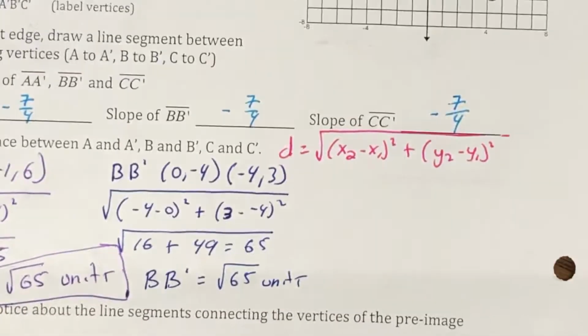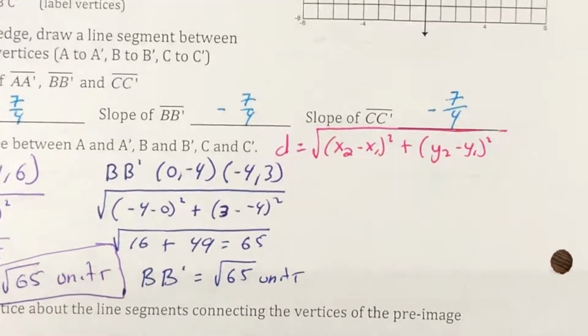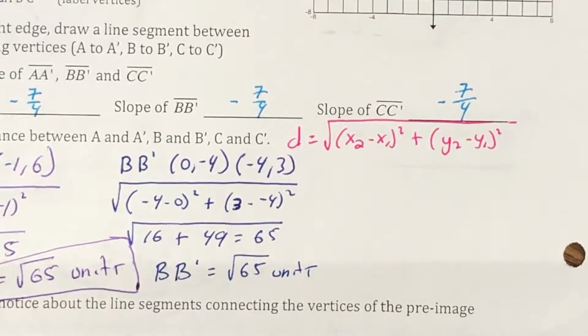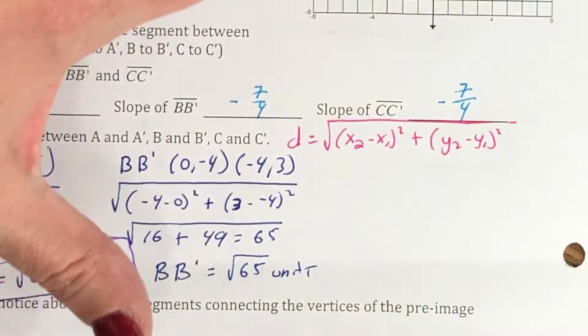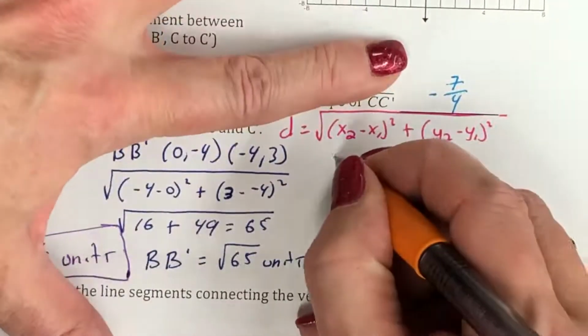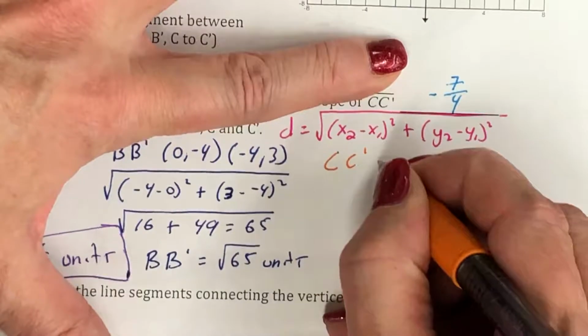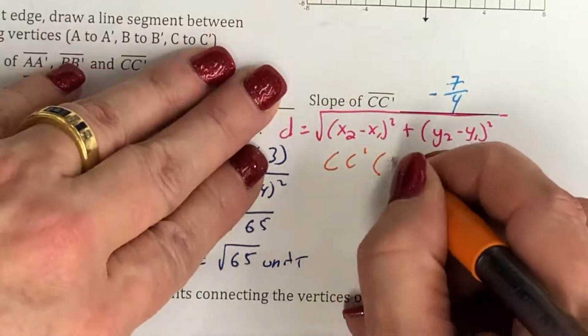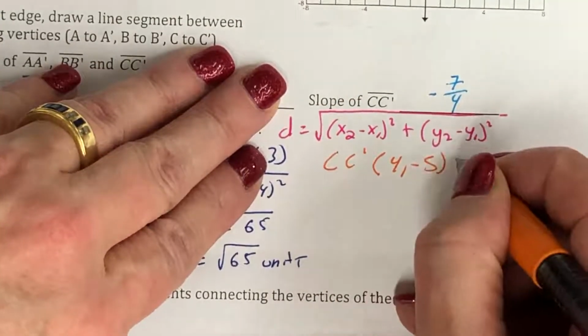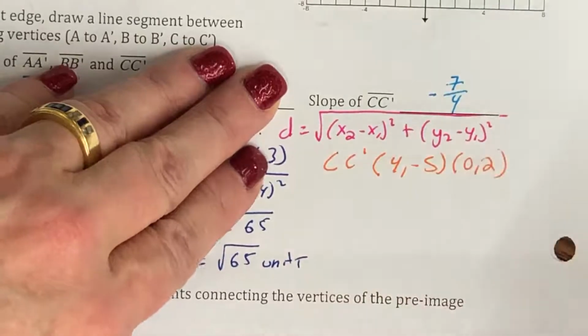Okay, and our last one. Now we're going to go ahead and do between C and C prime, which we know are (4, -5) and (0, 2).